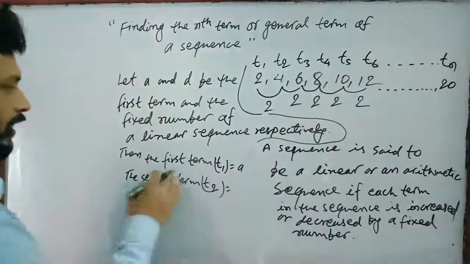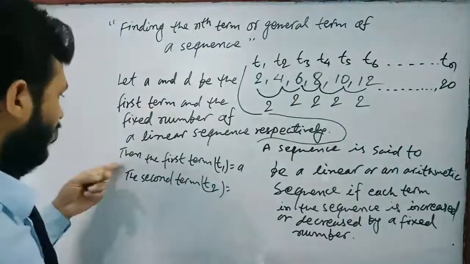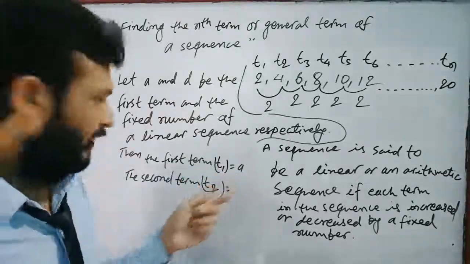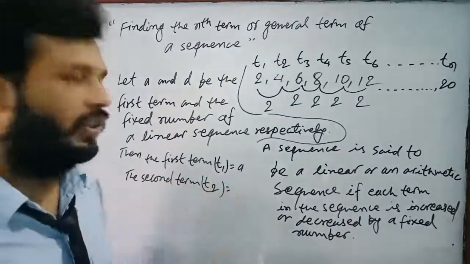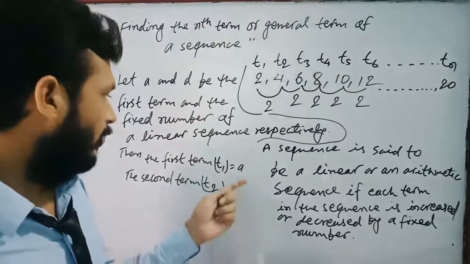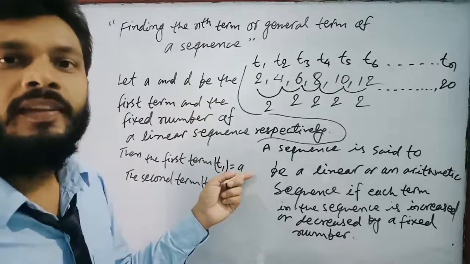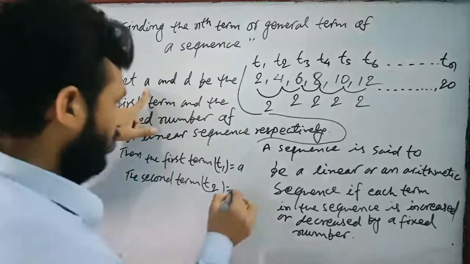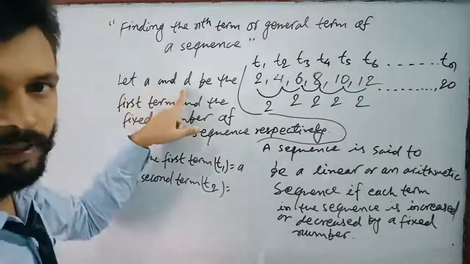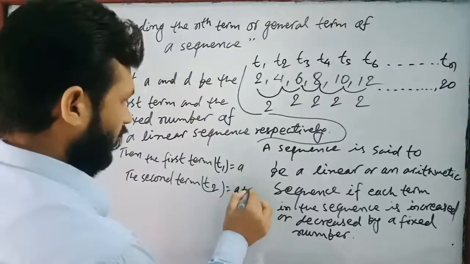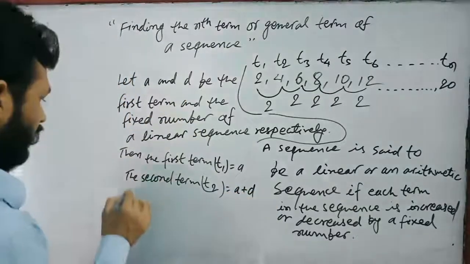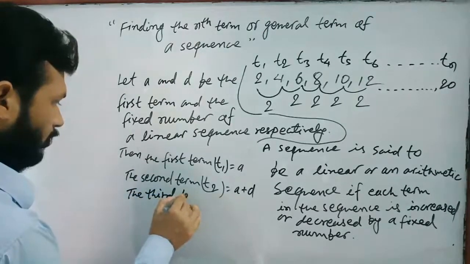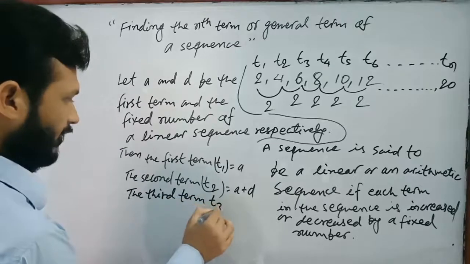Similarly, here also we can find it. The first term is given as T1, A, then the second term T2 equals the sum of the first term and the fixed number, A plus D. Understood? Then the third term is denoted by T3.